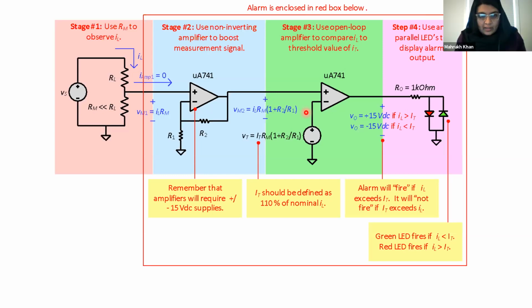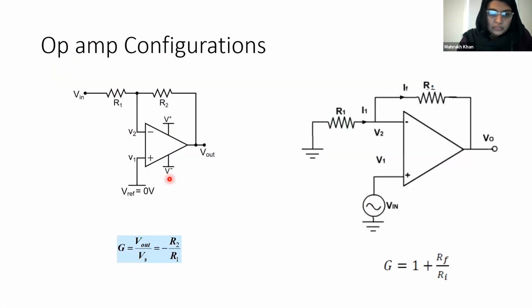Okay. So I will explain a little bit more what it is, so that will help you in the calculations. This is the op-amp configuration. Right now we are using this configuration. In this configuration we are putting one of the inputs, and G is V naught over V in.